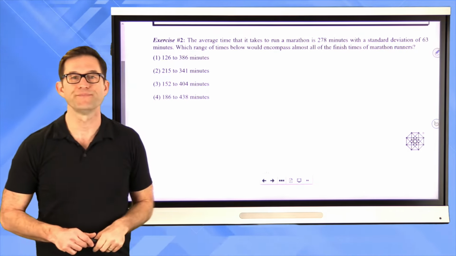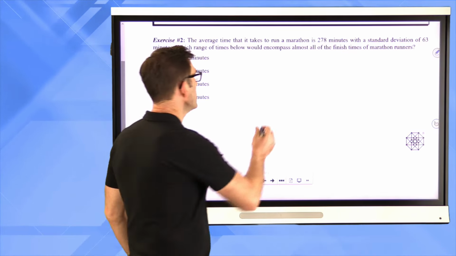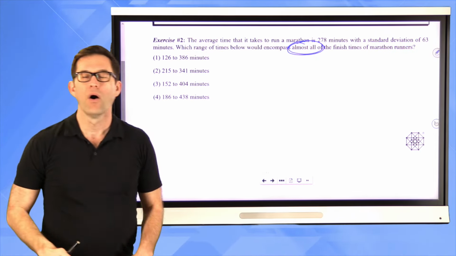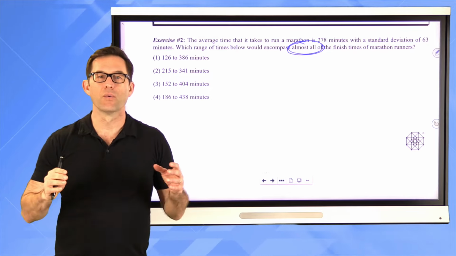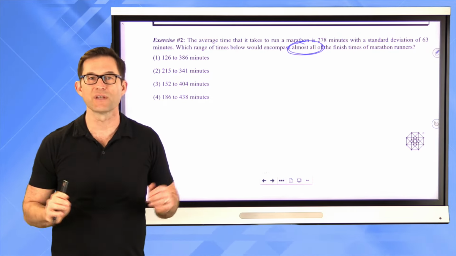Exercise number 2. The average time that it takes to run a marathon is 278 minutes with a standard deviation of 63 minutes. Which range of times below would encompass almost all of the finish times of marathon runners? Well, here it's really all about this: almost all implies that we're really looking for an interval of two standard deviations.